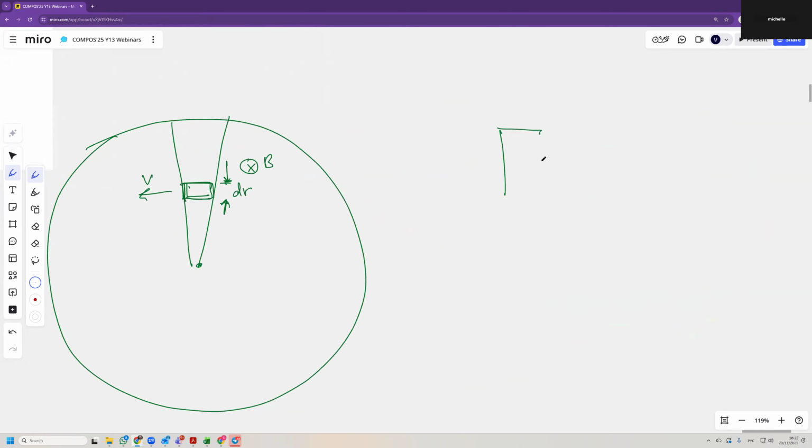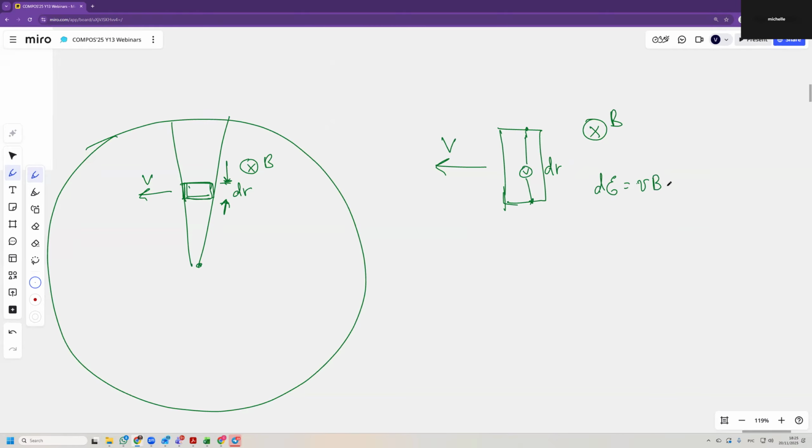So if a wire is moving with a velocity v, there's a magnetic field B, and the length of the wire is dr, the vertical height, then the small EMF induced is dE equals v B dr, using the same formula.